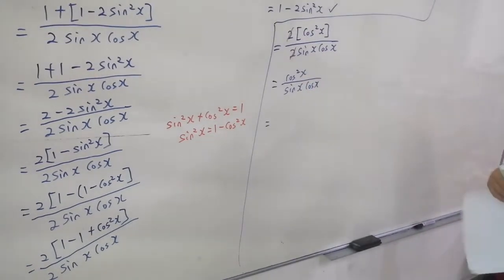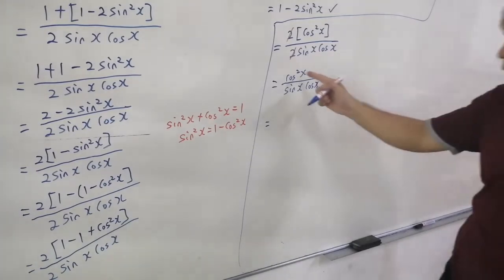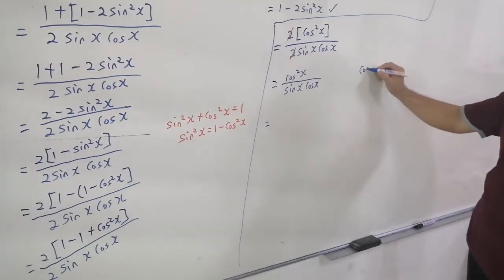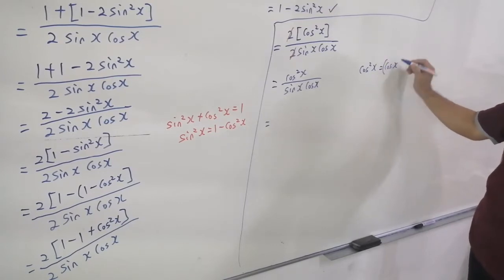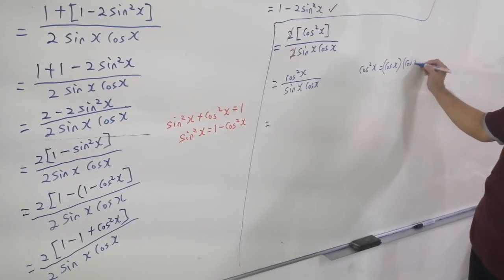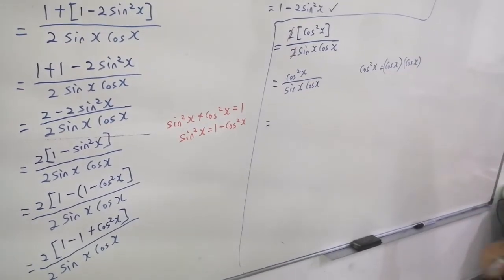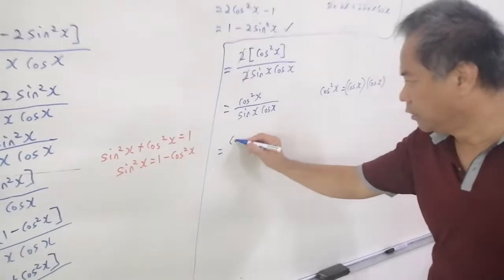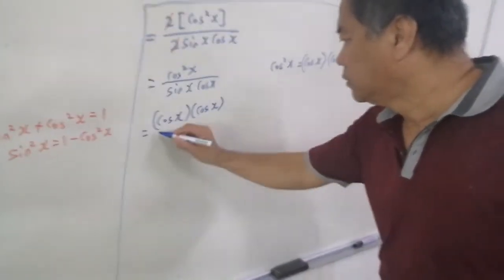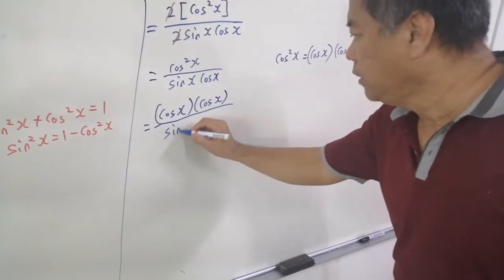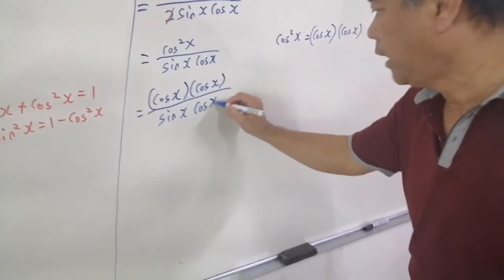Cos square x is actually equal to cos x multiplied by cos x. So substitute: cos x multiply cos x over sin x cos x.